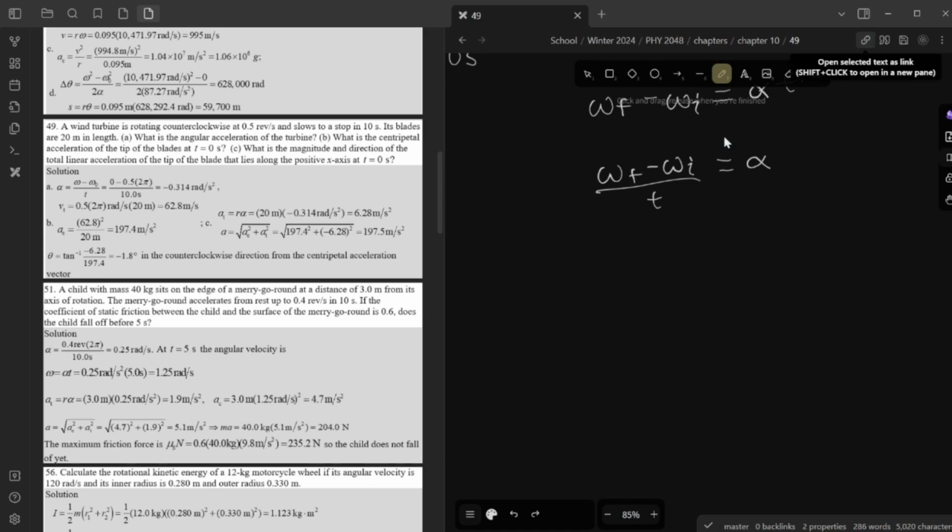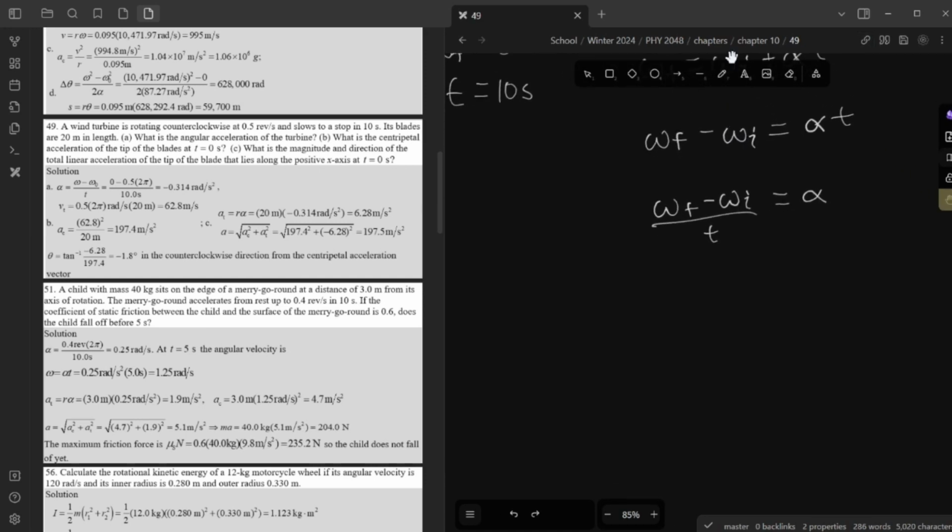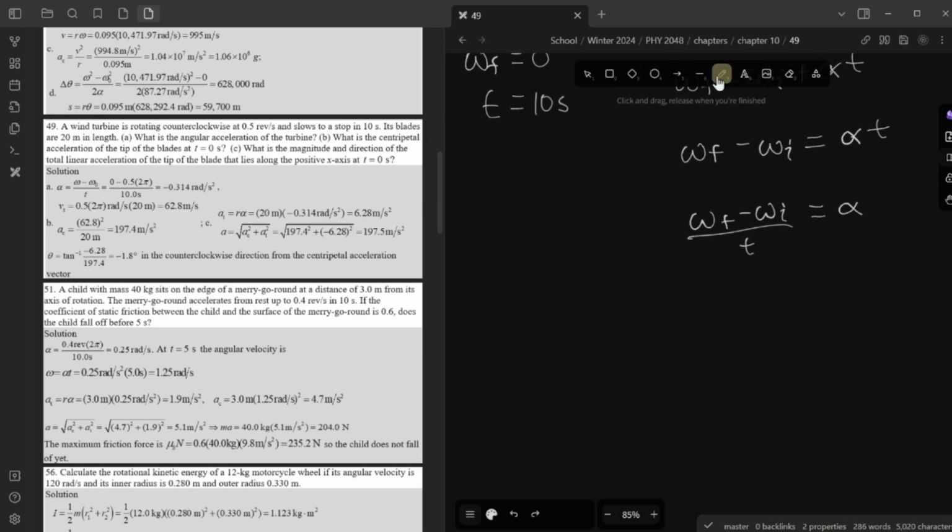So we can just plug everything in because we already have all the known variables. We know our omega initial is pi radians per second. We're going to leave out the units for now. Our final is 0, and then we're going to divide by 10 seconds.